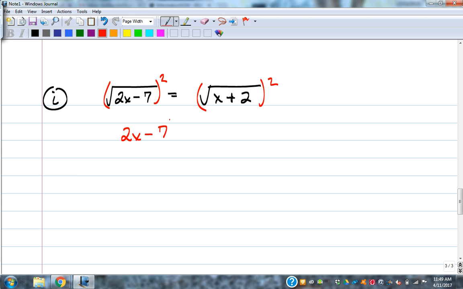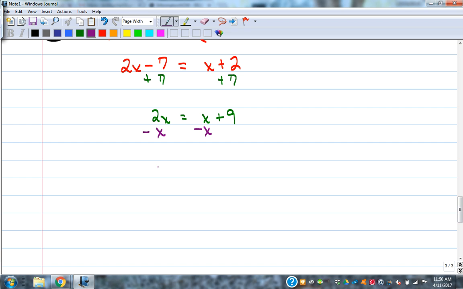And as Emily said, that's 2x minus 7 and x plus 2. Okay, you could add 7. So that's 2x is equal to x plus 9. Subtract x. So that would be x is equal to 9. You got our answer.